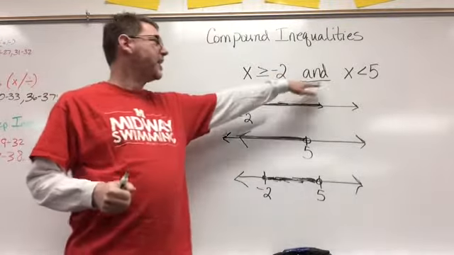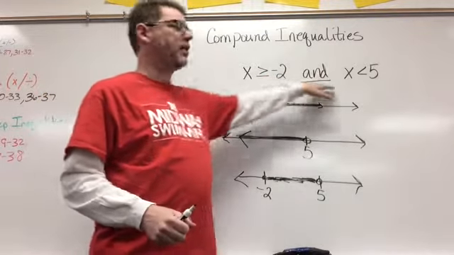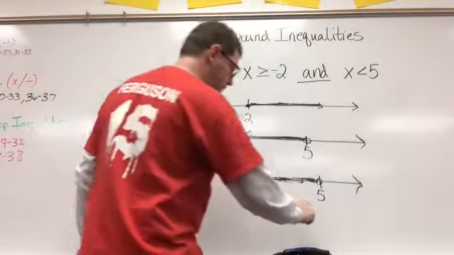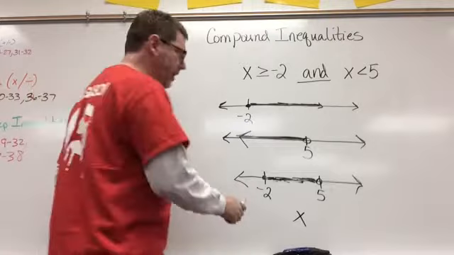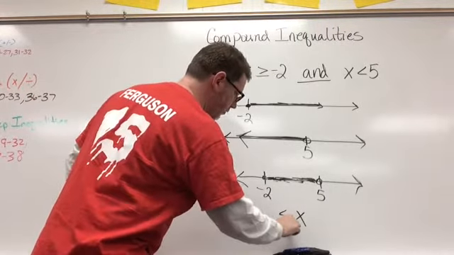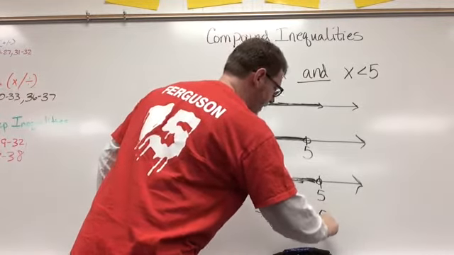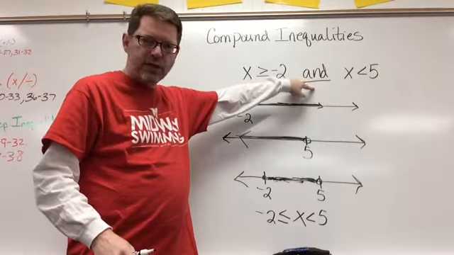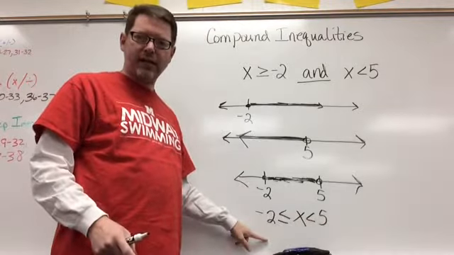Now since this is an "and" statement, I can actually rewrite this inequality in one statement. The variable is always going to go in the middle, and my lowest number is going to be on the left. And so it's x is greater than or equal to -2, but less than 5. So anytime I have an "and" compound inequality, I can rewrite it as one statement.